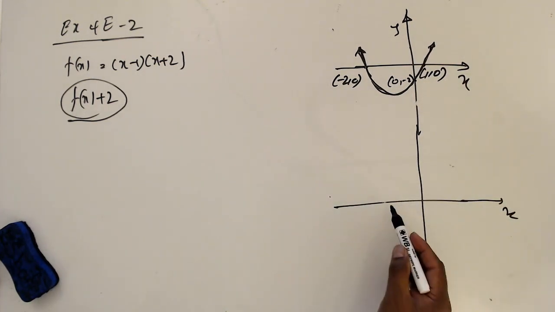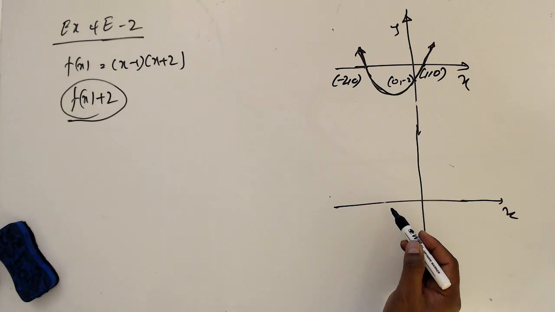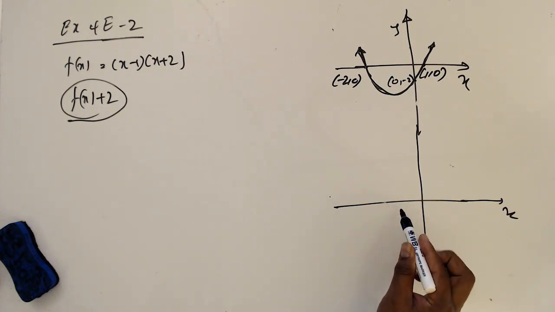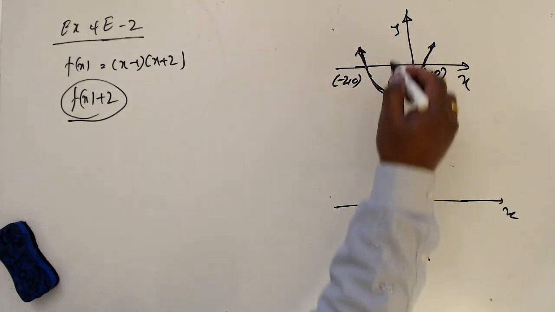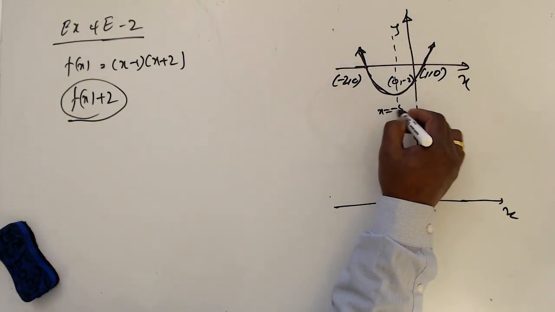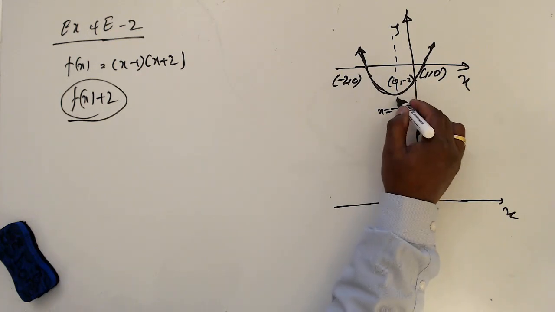The graph goes to 0, 1. The symmetric line is x equals minus half.